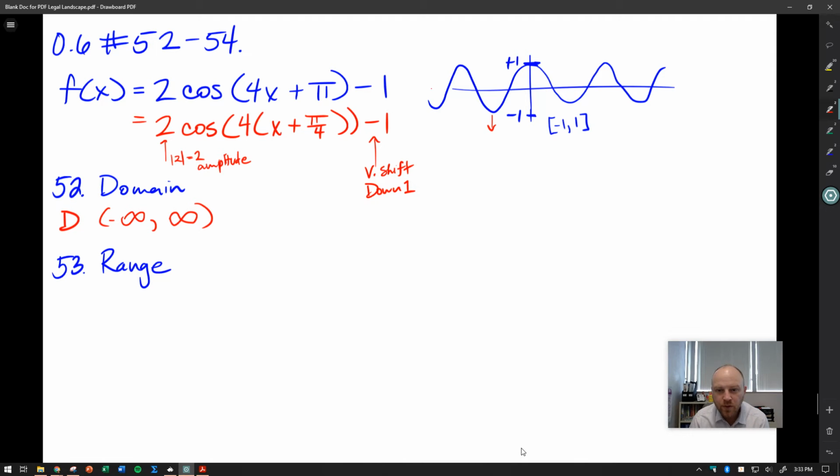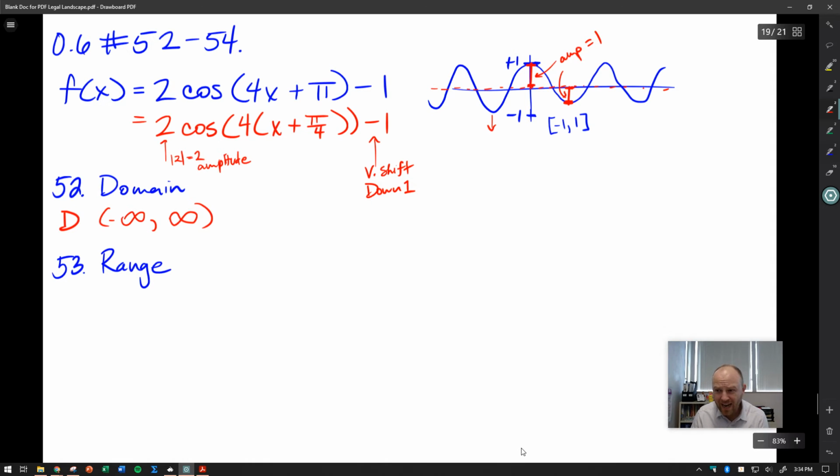If we were to draw a horizontal center line right through the middle of the cosine curve, the amplitude represents the distance from that center line to a maximum, or that center line to a minimum. In the untransformed cosine curve, the amplitude is just 1. But our amplitude here is 2. So this is going to get a little bit taller and a little bit shorter down at the bottom.